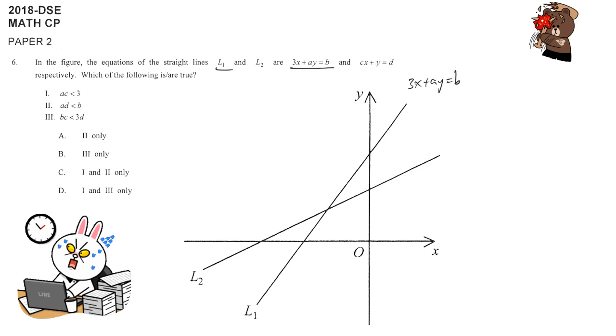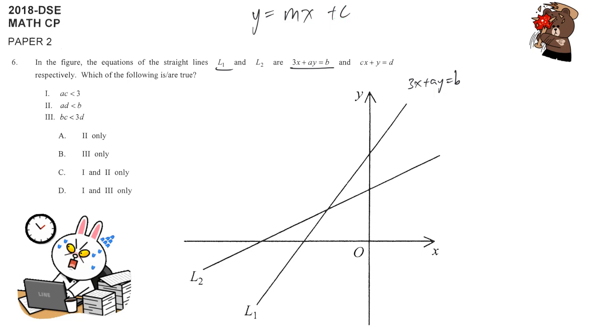And then this kind of format is definitely not favorable for us to use the slope or the y-intercept, something like that. So I always use slope-intercept form: y is equal to how many x plus how many. This represents the slope of that line. This is the y-intercept.